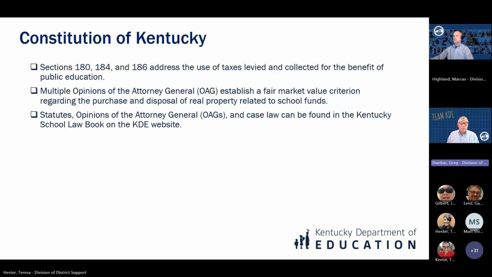Statutes, opinions of the Attorney General, AGs, and case law can be found in the Kentucky School Law Book and the KDE website, as can the sections of the Kentucky Constitution. Next slide, please.